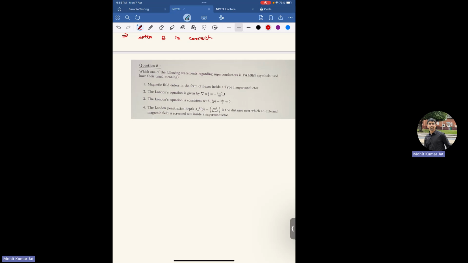And so let me write it in detail so that you don't forget whatever I'm saying. Option 1, type 1 superconductor shows a complete Meissner effect.